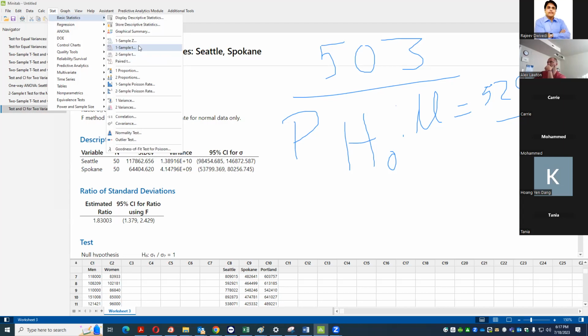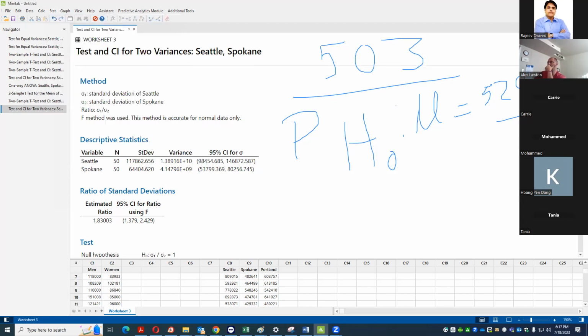Yeah, so that was in the previous 503, because we used to compare, let's say, what our assumption was in the null hypothesis over there. Let's say I used to make the null hypothesis: the home price in Seattle is 625,000.